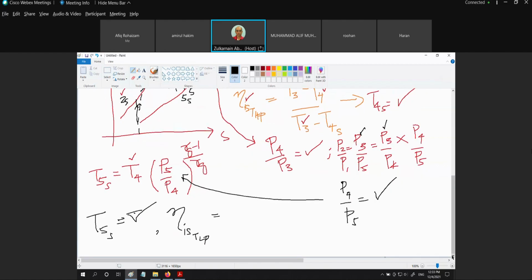So we have solved the T5S, and the T4. From here, we are going to get the T5.